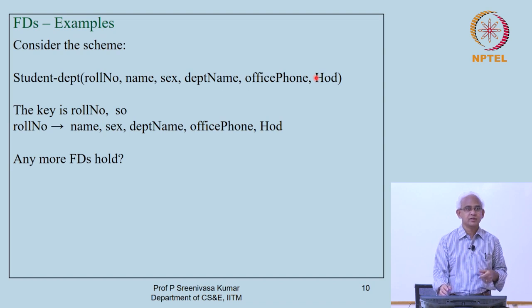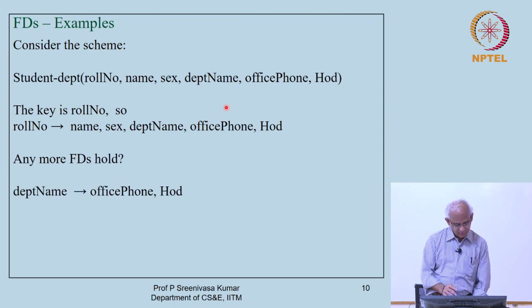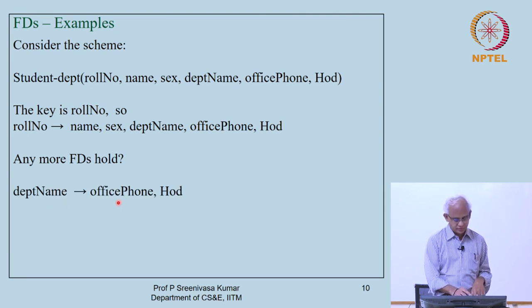They cannot have two different values there. They have to agree on it. And so is the case with office phone. If you mention one phone here and then some other phone somewhere else, then we have doubt about which is the actual phone, right? So, department name indeed functionally determines office phone and HOD.